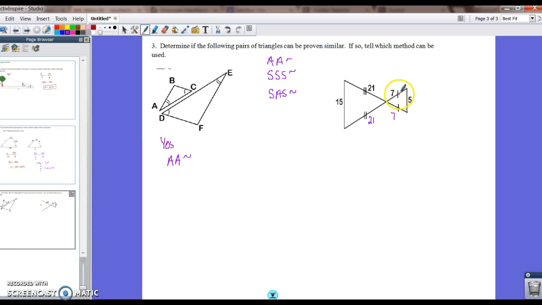We can just say 7 over 21 is equal to 5 over 15, right? And I know that, because if I reduce these, I get 1/3 is equal to 1/3. And because of that, my sides are proportional. And so then I can say that the triangles are indeed similar by side-side-side similarity.